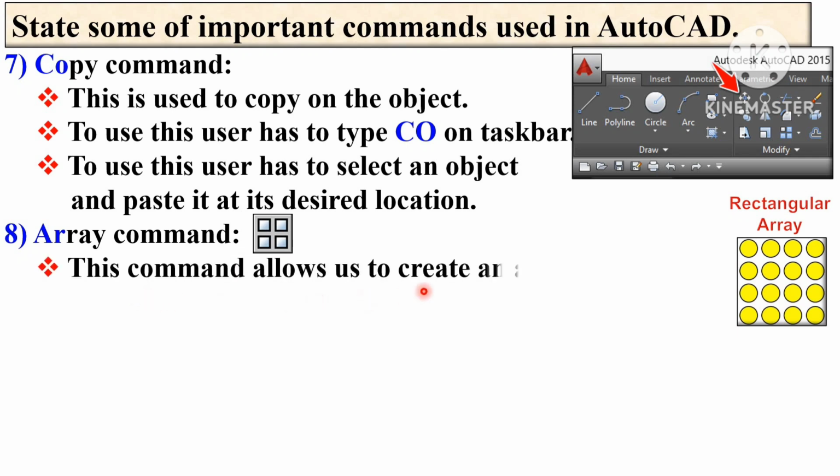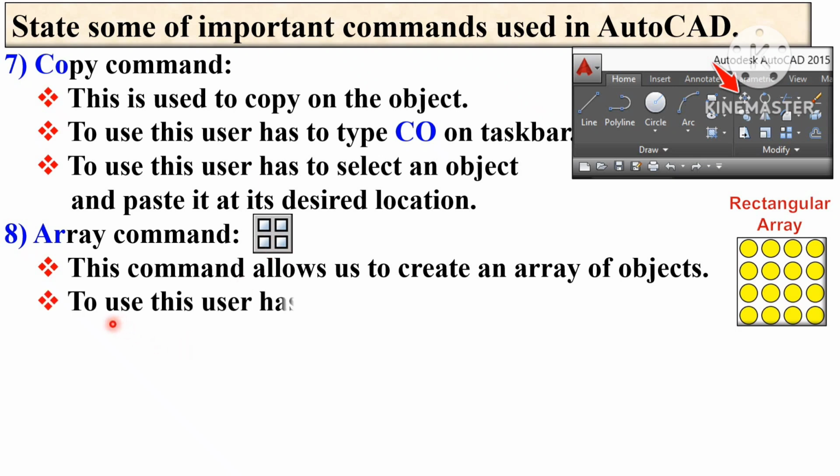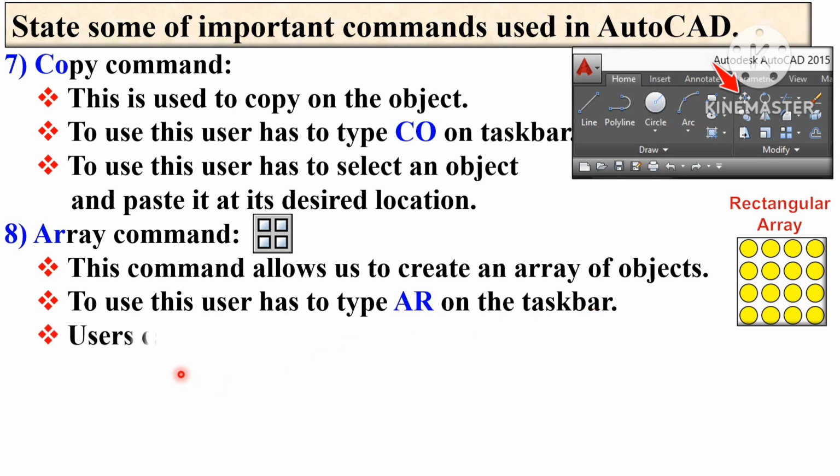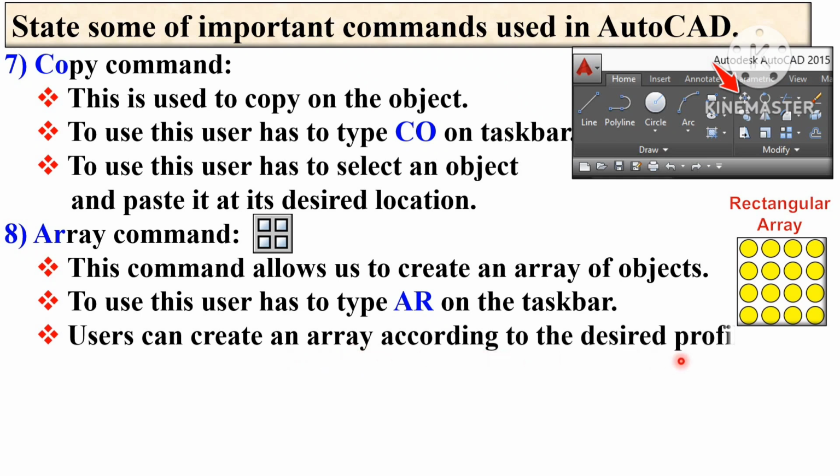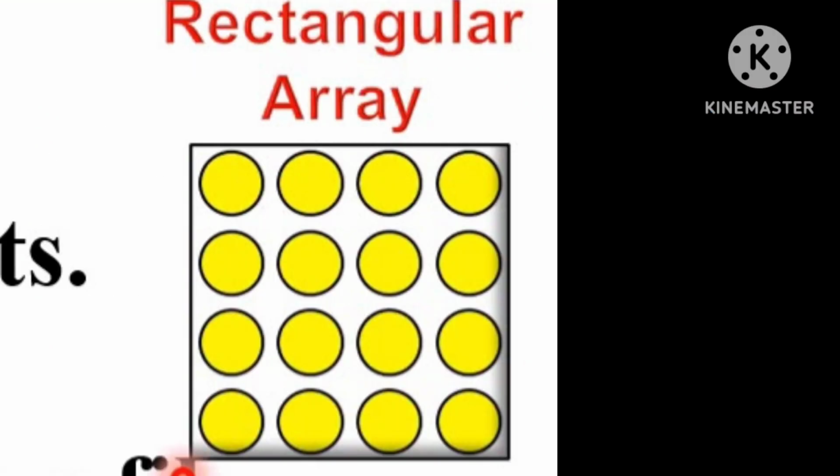This command allows us to create an array of objects. Here this is the array of circles. Here you can see this is the array of squares. To use this array command, the user has to type AR on the taskbar. So AR is the short key. Users can create an array according to the desired profile. The desired profile can be anything. Here the desired profile is the circle.